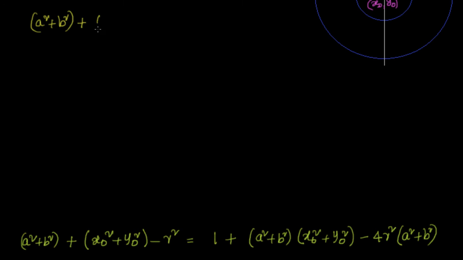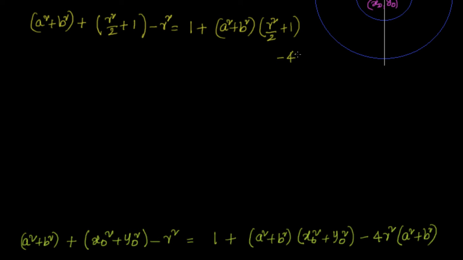So I'll write down r square by 2 plus 1 minus r square is equal to 1 plus a square plus b square multiplied with r square by 2 plus 1 minus 4r square into a square plus b square.